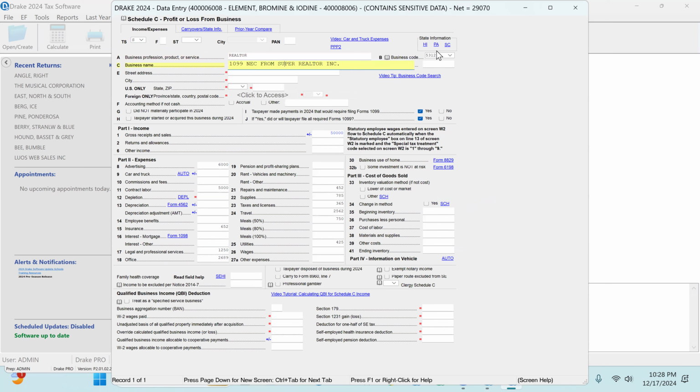This is the time that you come to get this number. Shift Control S, and you search for it. And it issues a 1099 to the other people. So this is how much she received.